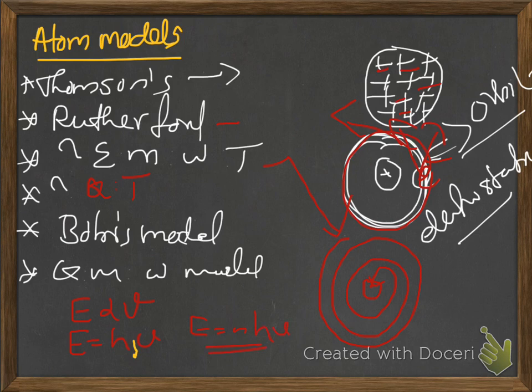These were the postulates in quantum theory introduced by Max Planck. Energy is proportional to frequency. Energy can be absorbed or emitted discontinuously in the form of small packets, and energy is equal to n h nu. Based on that theory, Bohr developed his model, the Bohr model.